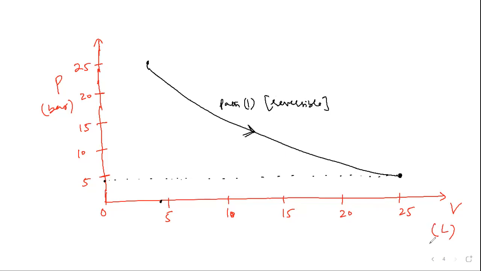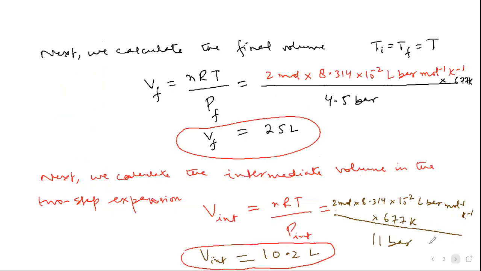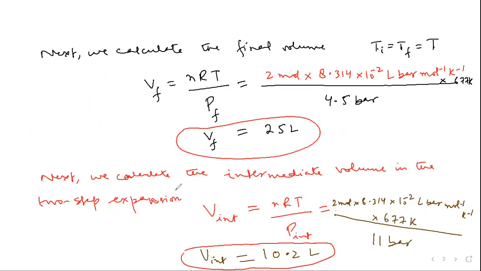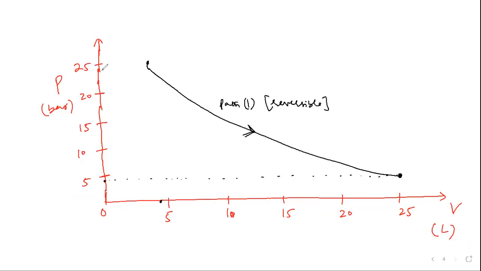We are going from initial pressure 25 bar, 4.5 liter initial volume, to 25 liter final volume and 4.5 bar final pressure, right?